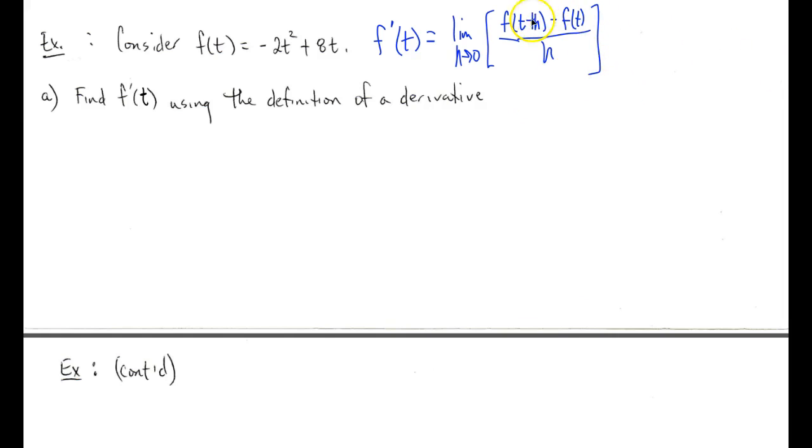So I'm going to try to make that look a little better before we get started there, so it's a little bit more readable. All right, and so the first thing that we want to do is really just figure out what that difference quotient is going to look like.